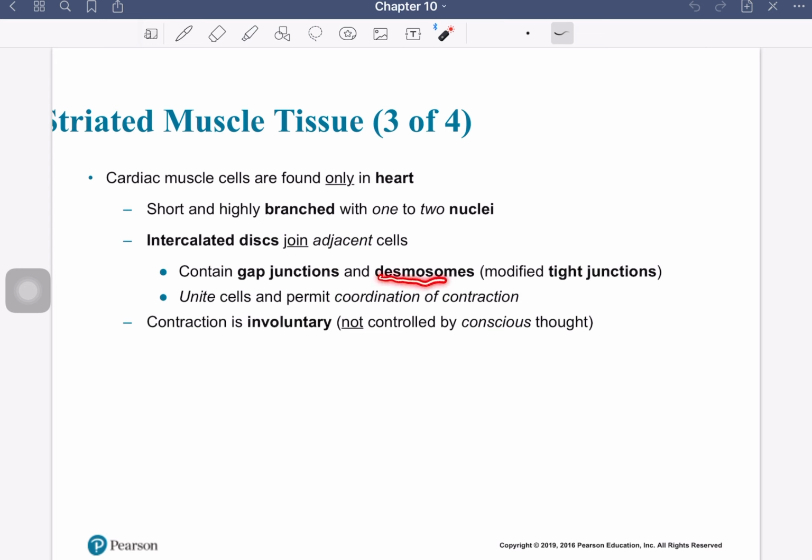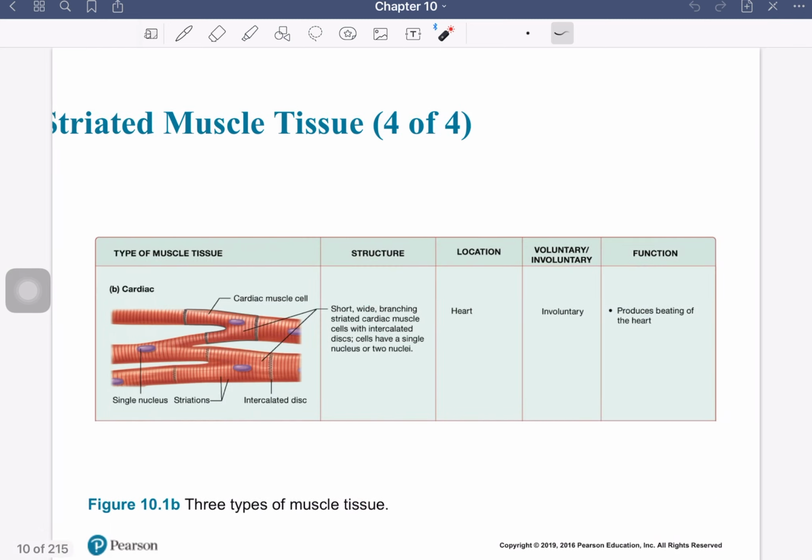And the desmosomes help to hold the cells together because, of course, if all these heart cells are beating and contracting, you don't want them to shred and rip apart from each other. So I really have to make sure they're really well attached by desmosomes, and the gap junctions allow the electrical signal to go from one heart cell to the next. And this allows for a coordinated contraction. And of course, we'll talk more about this when we get to the heart chapter. And the contraction is involuntary.